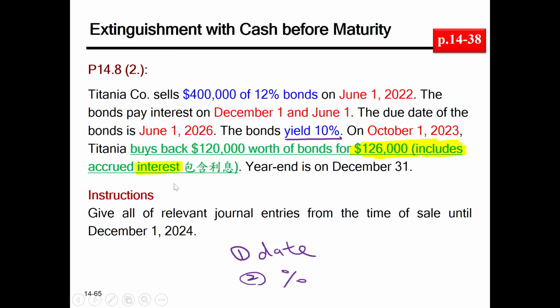And also your year end is December 31st. Year end December 31st means what? You prepare financial statement on this date. So this is the day you prepare financial statement.